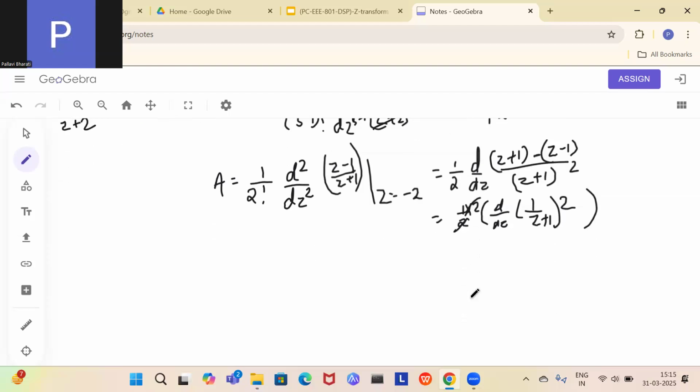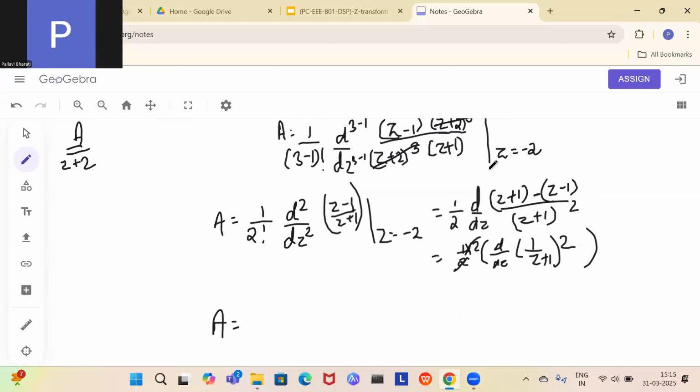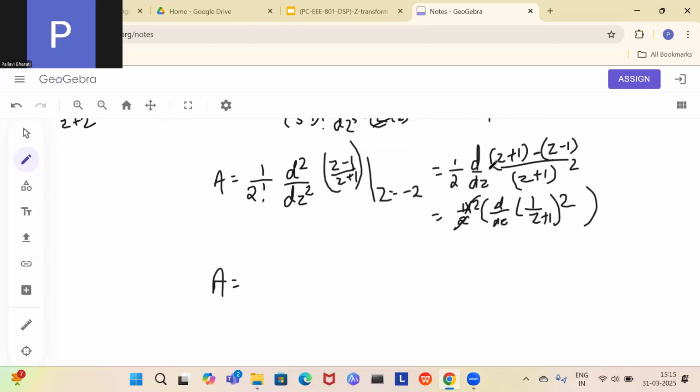So finally, I'm writing the answer for A. This is z plus 1 minus z minus 1, over z plus 1 whole square. Now again, you need to differentiate it once more. So what you will be getting is minus 4 by z plus 1 cube. So there will be a half and there will be minus 4.